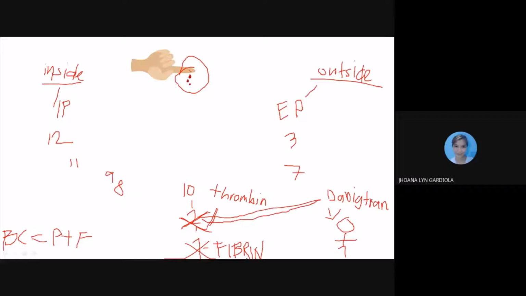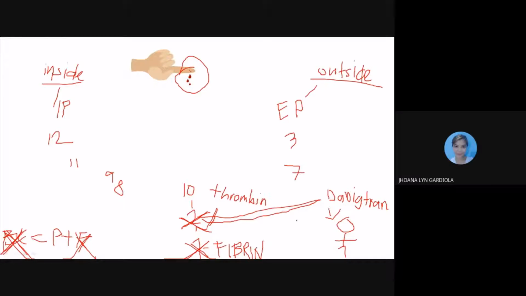If the dabigatran will block the factor 2, as we all know as the thrombin, then it will eventually lead to blocking the fibrin. And if we block the fibrin, we block blood clots.